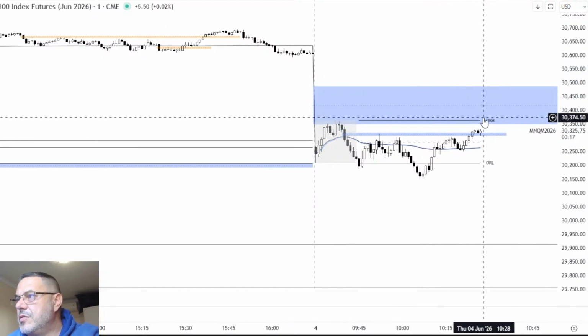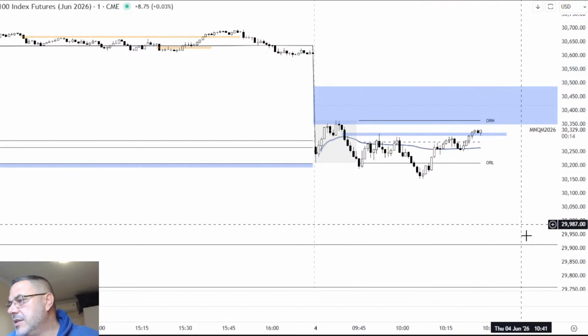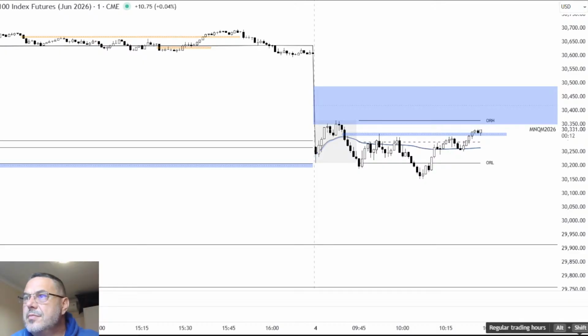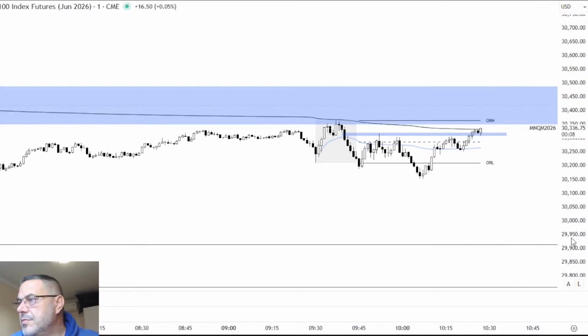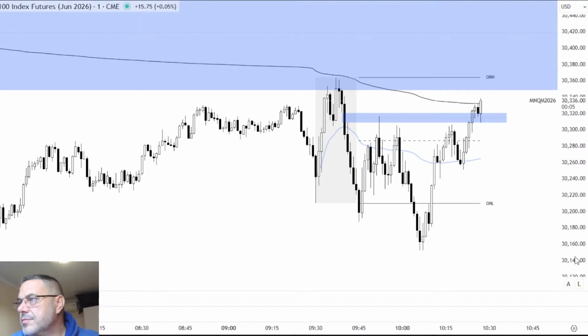So we could go up to that and then come back down. All right, so it's above the VWAP now, so we could see consolidation above there.